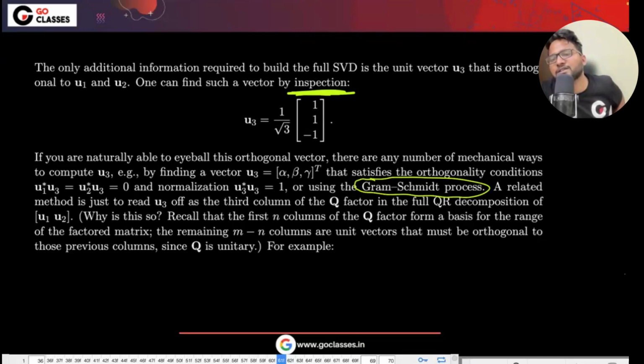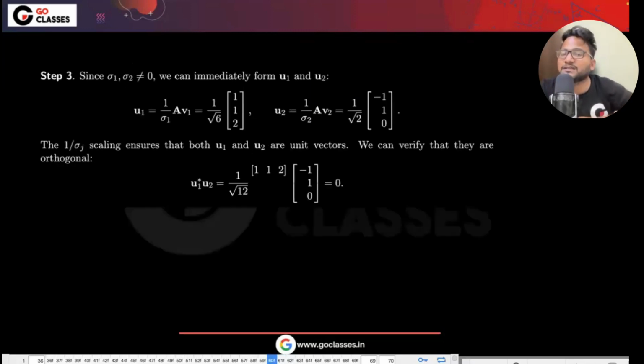This example is just to tell you that there might be a case where you need U3 but you don't have sigma 3. Let's suppose you don't know anything. What is the way? Then find the eigenvector of A transpose.